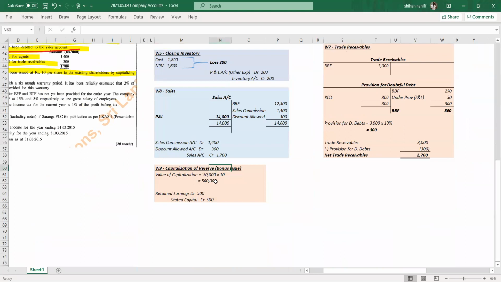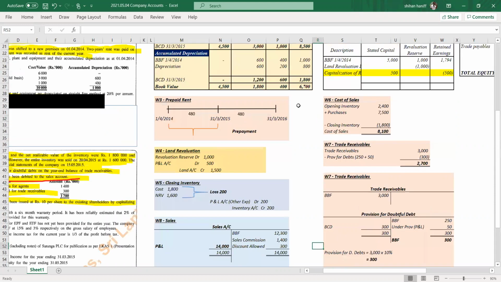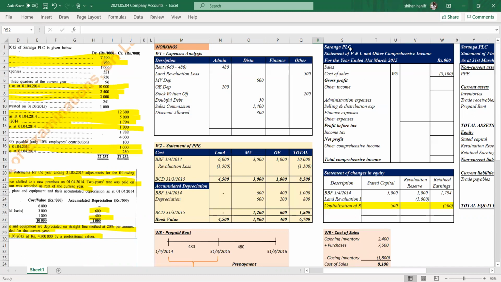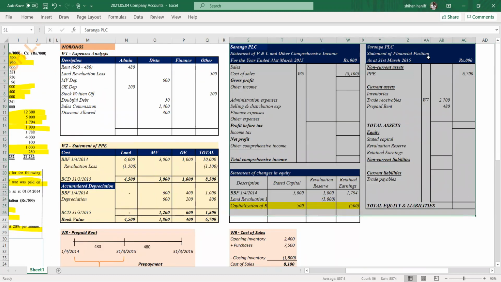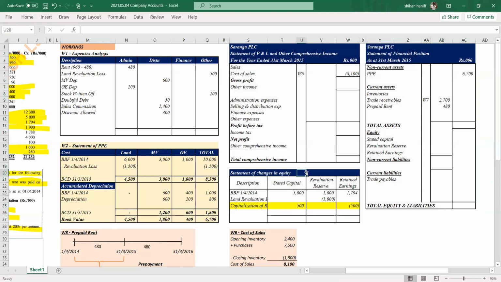So capitalization of reserve, bonus, 500,000. It is compulsory to include thousands on top of the accounts. So you don't need to mention it in any of the workings. Mention it mainly in the other comprehensive income, profit and loss account, SOFP, and also in the statement of changes in equity.